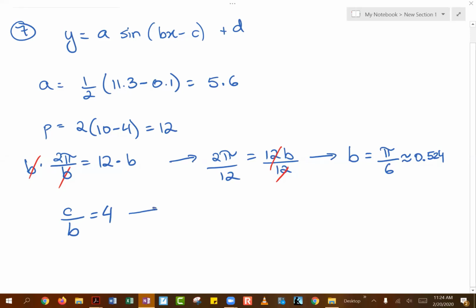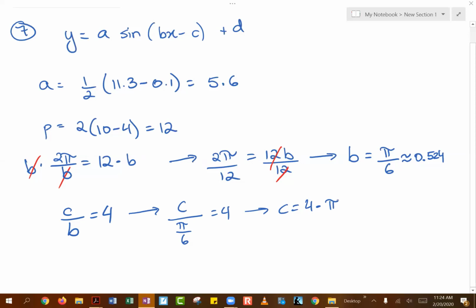So what will that C come out to be? I'm trying to think if I want to use the decimal approximation or pi over 6. Probably pi over 6, because otherwise it's going to be a rounded answer to begin with.